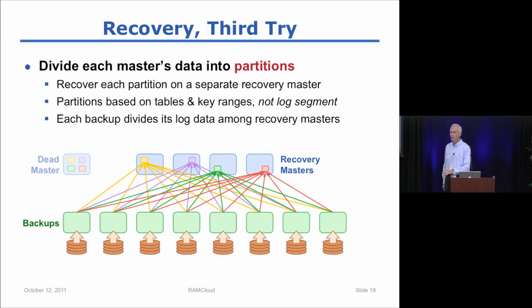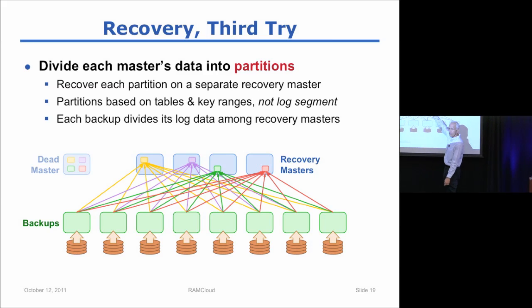Yes? Can these recovery masters be doing other useful work when they're not in recovery mode? Good question. Yeah, the idea, in fact, is that these are just ordinary machines that are servicing their own information and tables. When a machine crashes, some number of the existing servers get asked to take on a little bit more work. We've got one more hungry mouth to feed. Can you handle a little bit more data?